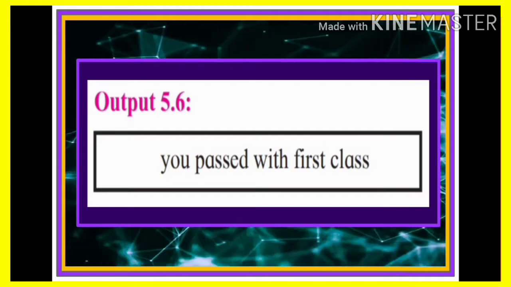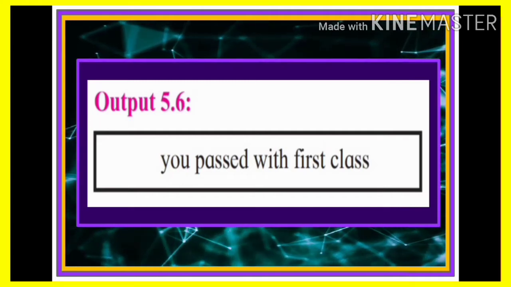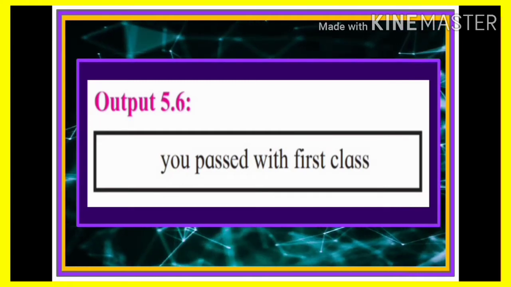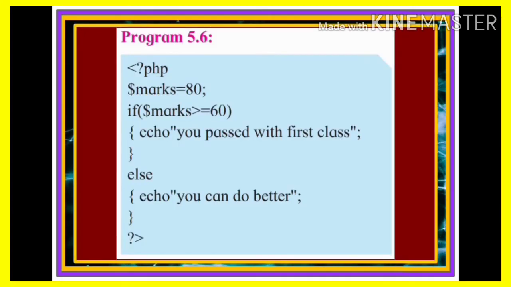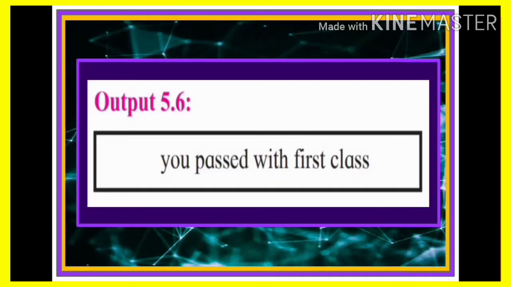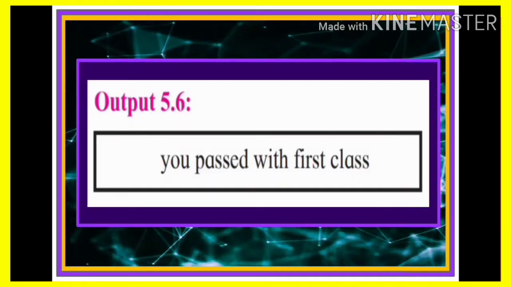You will get this output. The output shows you passed with first class. In this program, the true part is executed because marks 80 is greater than 60. So in the output it will show you passed with first class.